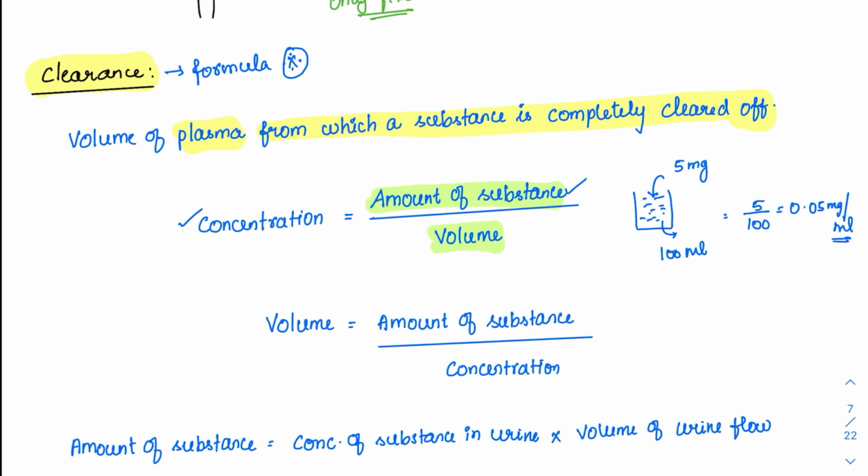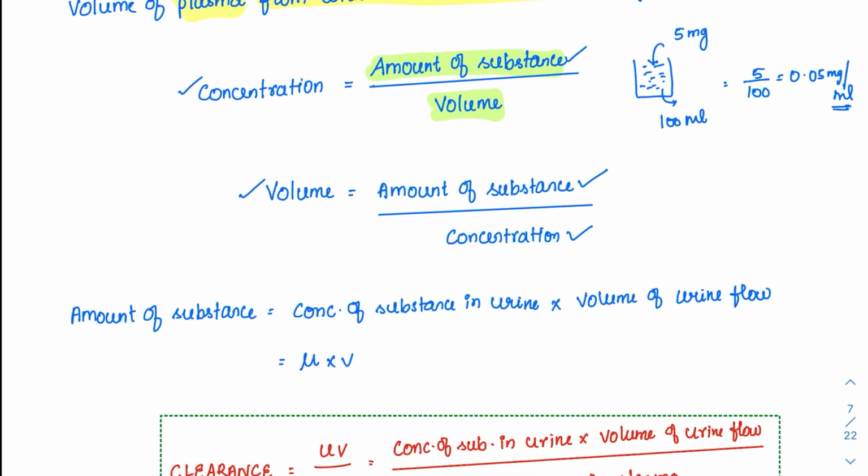But right now, we are trying to measure volumes. We are trying to measure the GFR, renal plasma flow. These are volumes. So bringing the volume to the other side, the volume will be the amount of substance divided by the concentration of the substance. In this formula, there is again a catch. This amount of substance will be measured from the urine. How will you measure it from the urine? It is the concentration of the substance in the urine multiplied by the volume of urine flow.